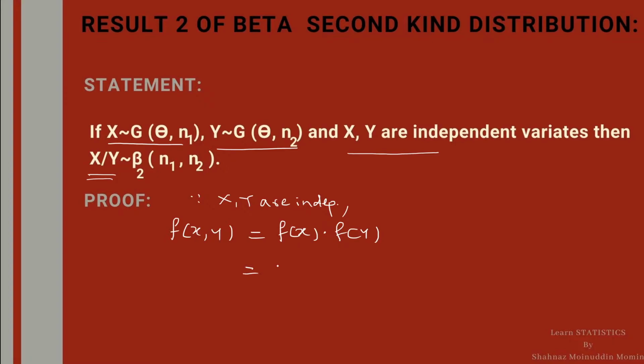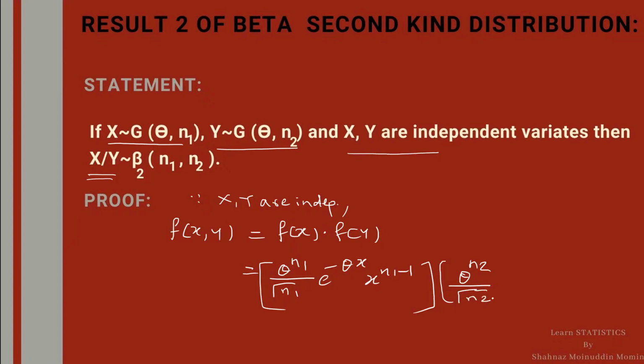Now after substituting the values of PDF: theta raised to n1 over gamma n1, e raised to minus theta x, x raised to n1 minus 1, multiplied by theta raised to n2 over gamma n2, e raised to minus theta y, y raised to n2 minus 1.